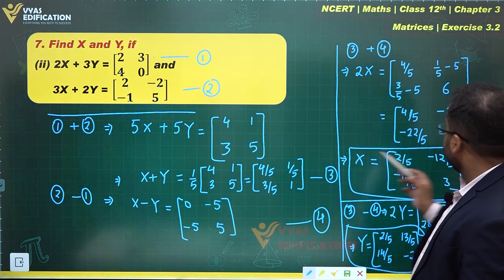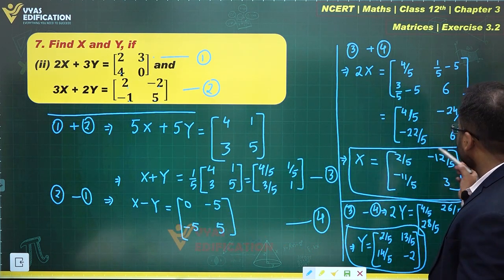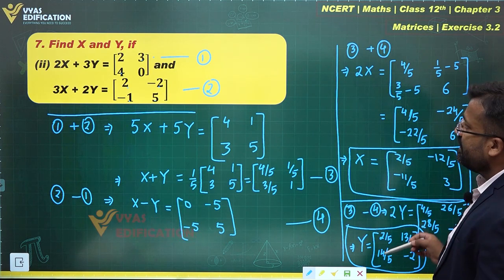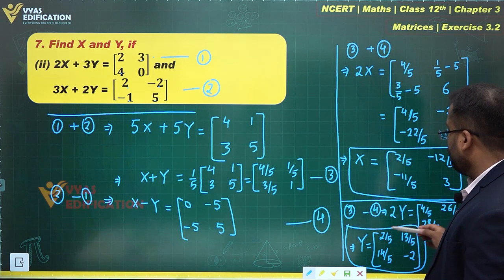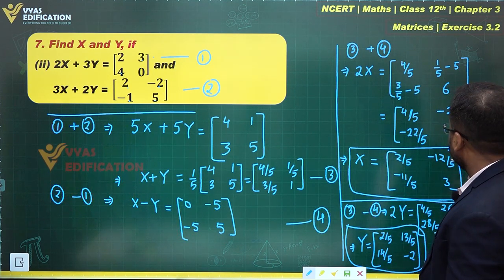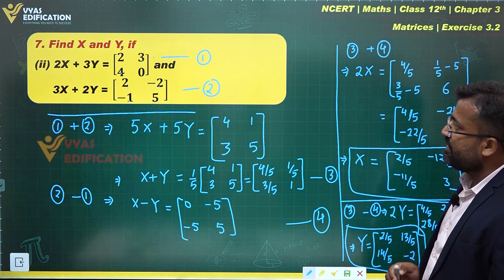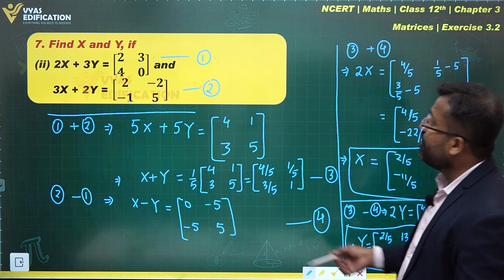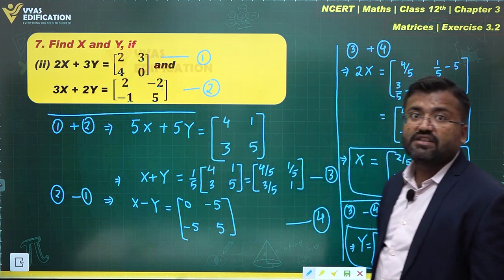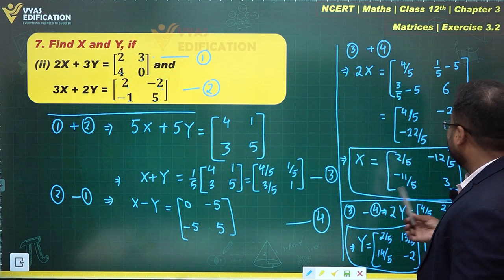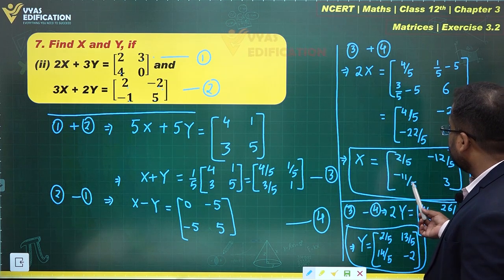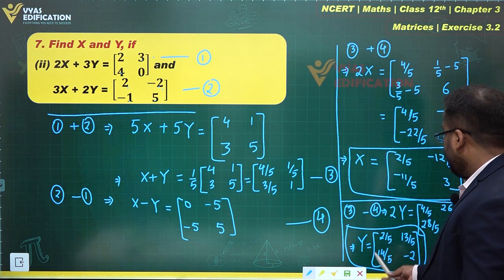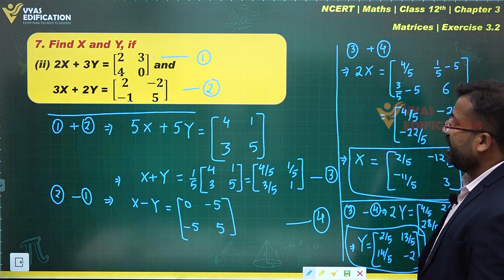Right? Let's take this element. What is this? 3x, which is minus 36 by 5, and 2y is 26 by 5. So minus 36 by 5 plus 26 by 5, which is minus 36 plus 26, actually minus 10 by 5, which is minus 2. This is equal to minus 2. What next? 3x plus 2y is minus 33 by 5 and 28 by 5, right?